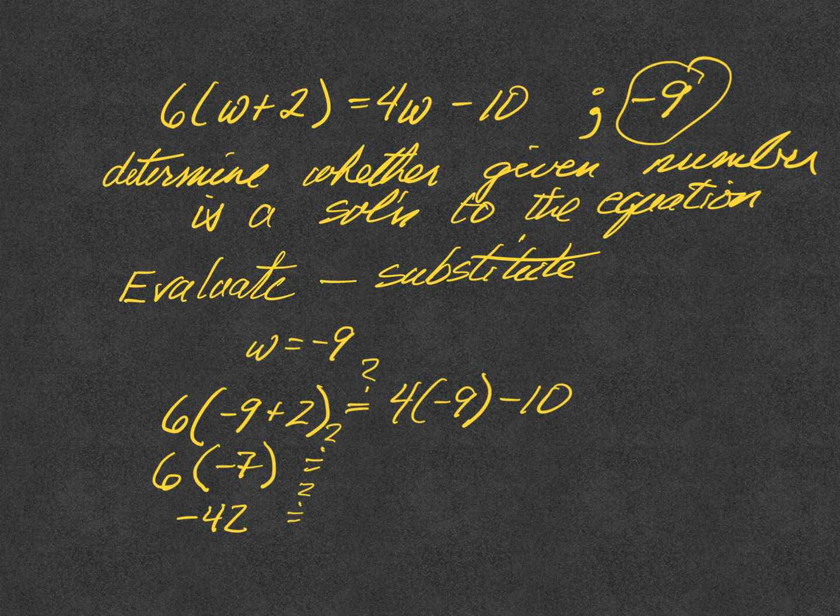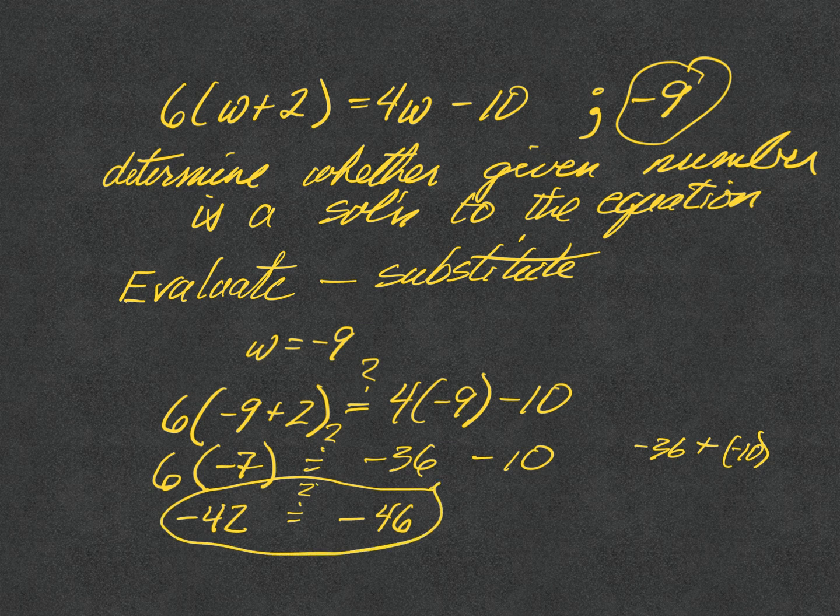Then 4 times negative 9, working on the right side, is negative 36 minus 10, which is negative 46. How did I do that? Negative 36 plus the opposite of 10. So I'm adding two negatives, which is a negative. That's how I got negative 46. So these are not equal.